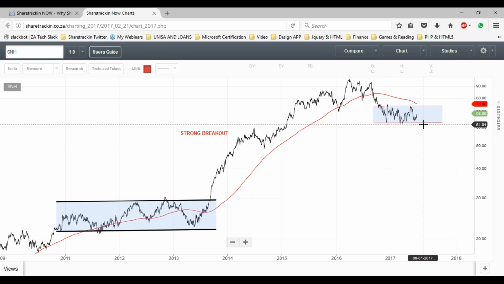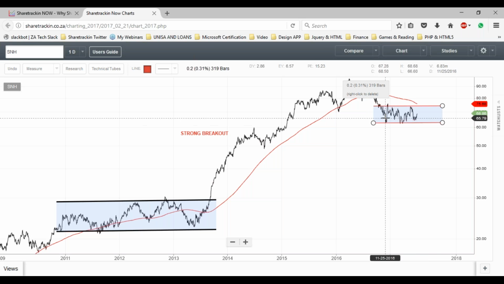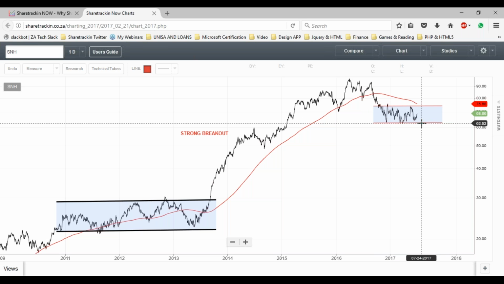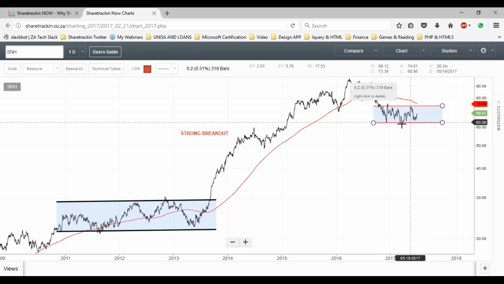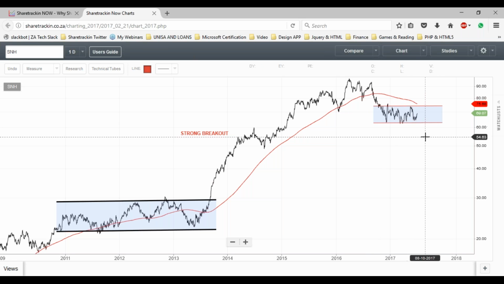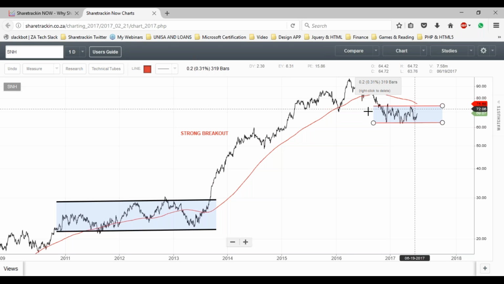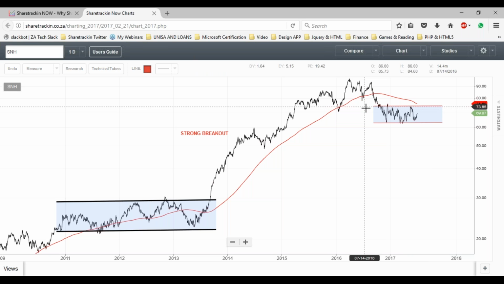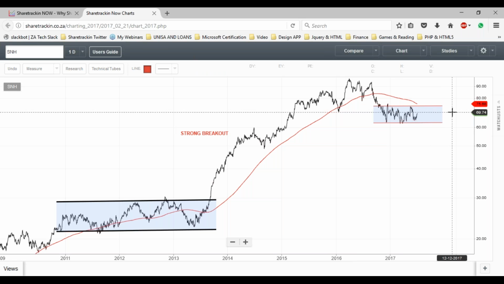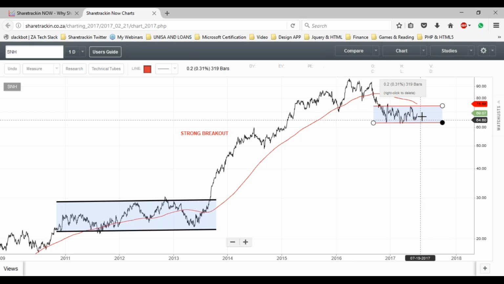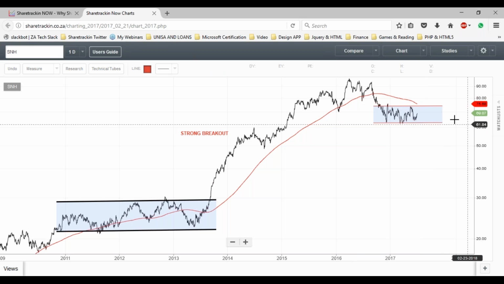Now this is really interesting, because this means that if the share price does not break below this level, which is approximately 62, 63 Rand for the share, and continues to move between 63 Rand a share all the way up to about 74 Rand a share, and it continues to move sideways, then we know for a fact that the longer this sideways pattern continues, the stronger the breakout we're expecting.